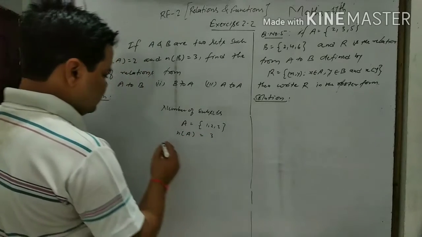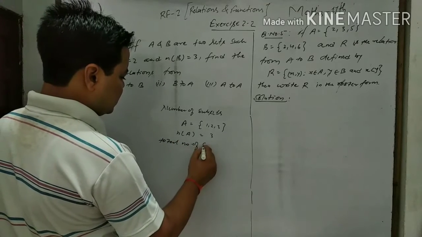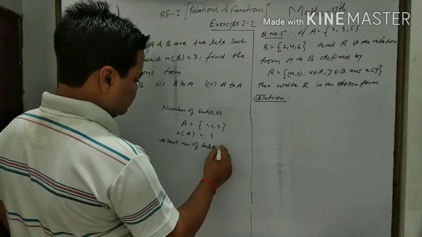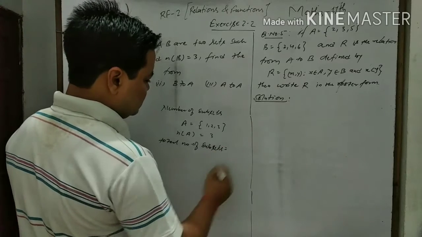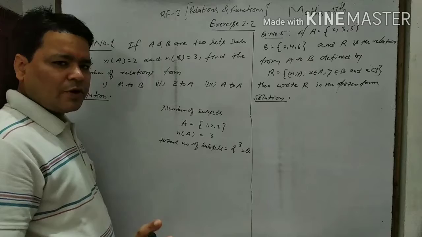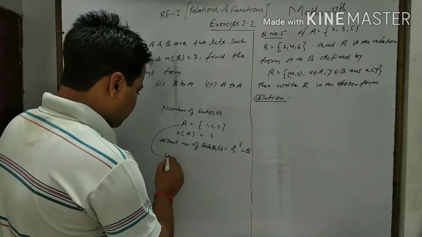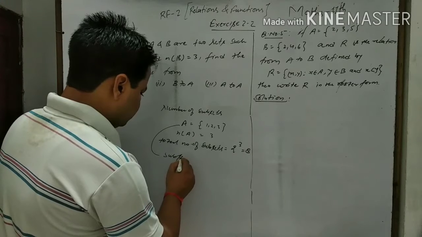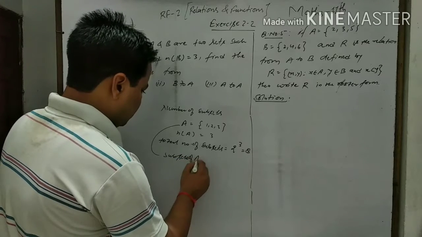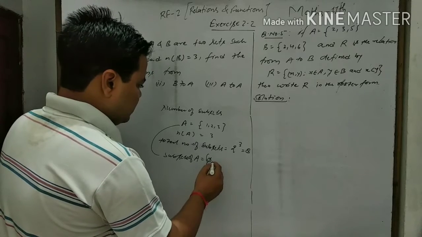Then the total number of subsets is equal to 2 raised to the power 3, that is 8. And if we try to find the subsets of A, they will be as follows.